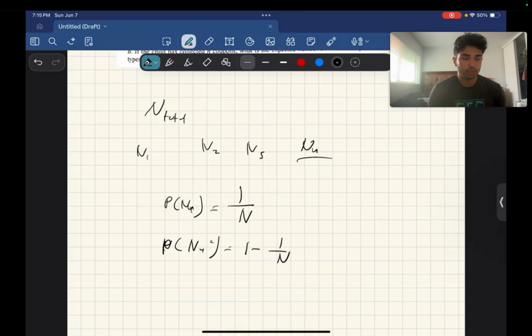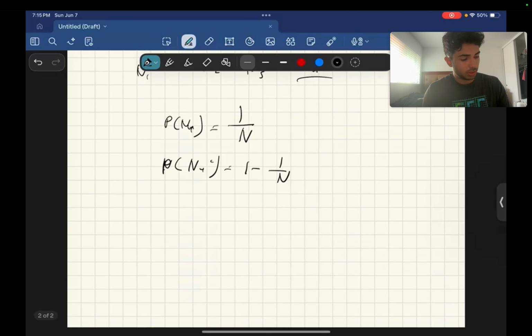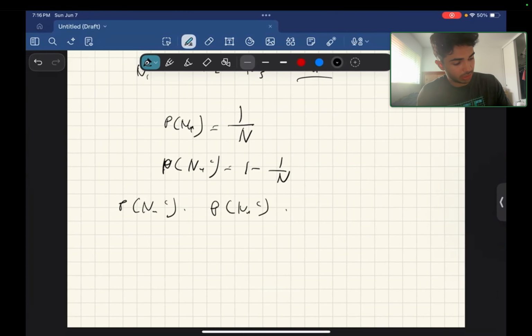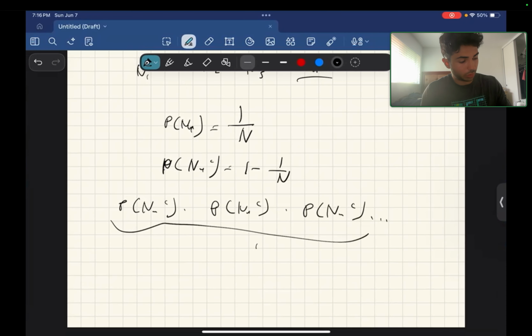And so now we're trying to find the chance of not getting n4 across all n of your possible picks. It will be the chance of not getting it, times not getting it again, times not getting it again, and so on, n times, lowercase n times.